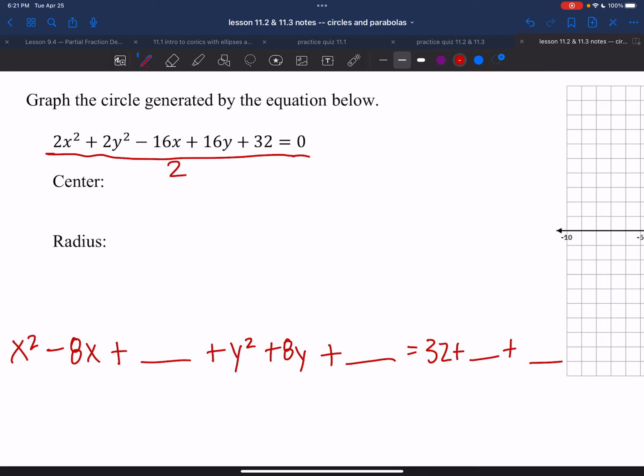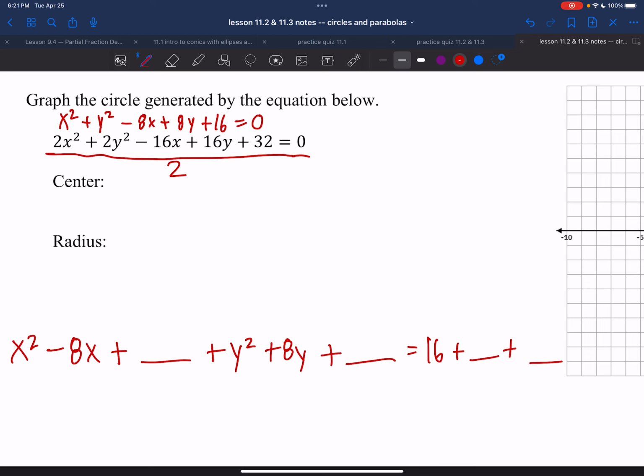So I divided everything by 2, so that way it's x squared plus y squared minus 8x plus 8y plus 16 equals 0. Whoops, hey, look at that. Careful there, Mr. Spake. 32 turns into 16 here. Almost messed that up. So I divided everything by 2, but then I grouped all the x's together.